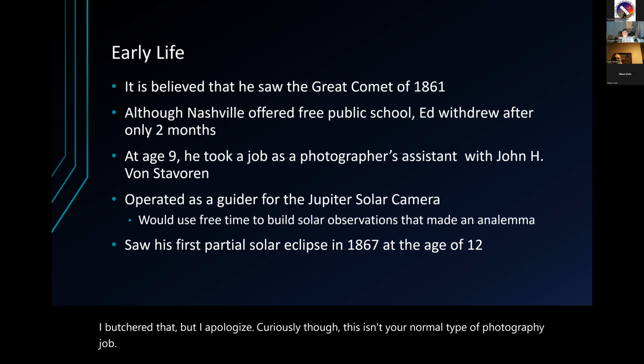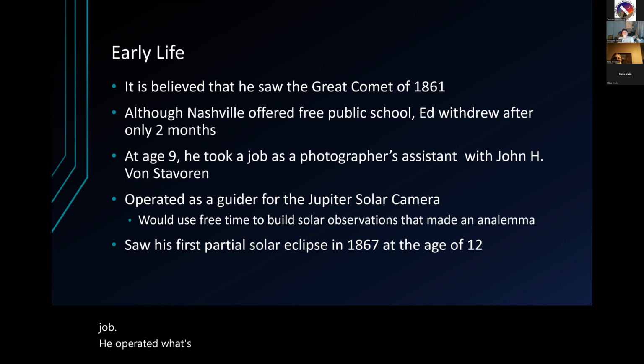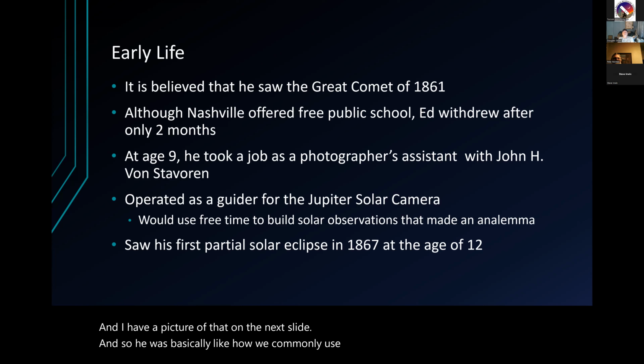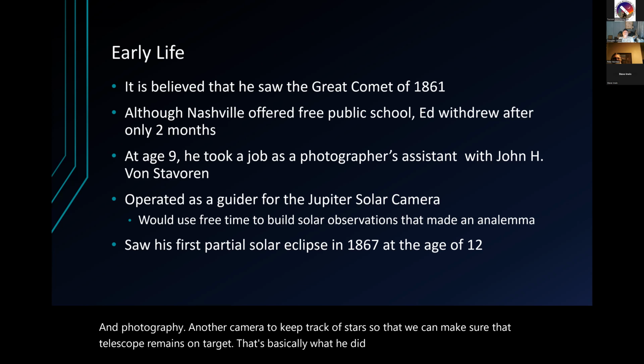He operated as a guider for what's known as the Jupiter solar camera. And I have a picture of that on the next slide. So he was basically like how we commonly use in photography another camera to keep track of stars so that we can make sure the telescope remains on target. That's basically what he did, except he did this for solar observations.